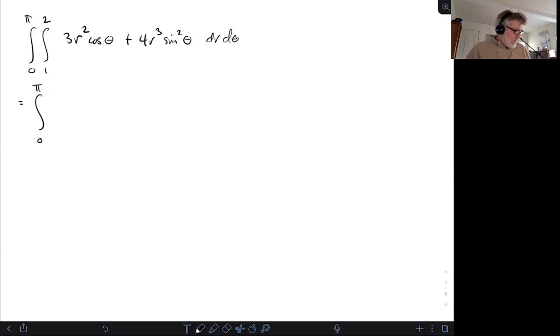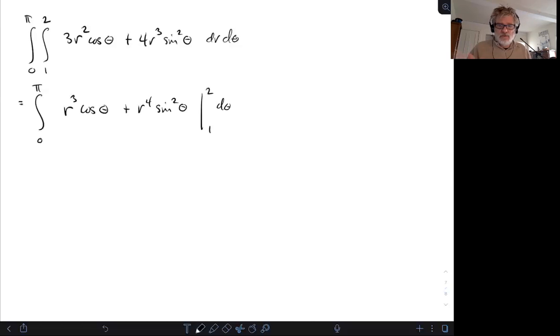Okay. So I'm integrating with respect to r. So this will be r cubed over 3 times 3. So that's r cubed. Cos theta is a constant. Plus 4r to the fourth over 4. So that's r to the fourth times sine squared theta, which is constant. That's between 1 and 2 in r. I could add here that you could switch the order, but you're not going to gain anything.